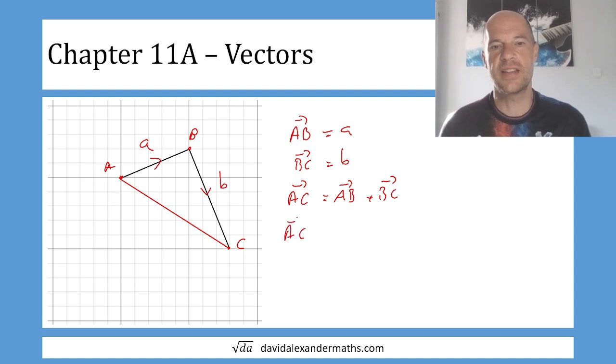Therefore we can say that A to C is A to B, which is a, and B to C, which is b. So I can now give this line a label. A to C is now a plus b.